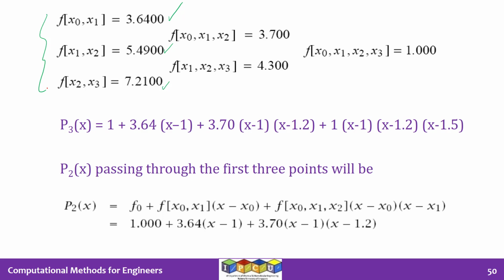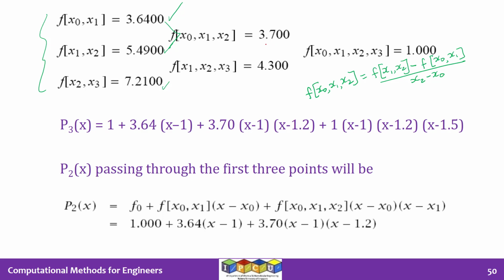Now, using these two, I can get the second divided difference because f x0, x1, x2 is nothing but f x1, x2 minus f x0, x1 divided by x2 minus x0.